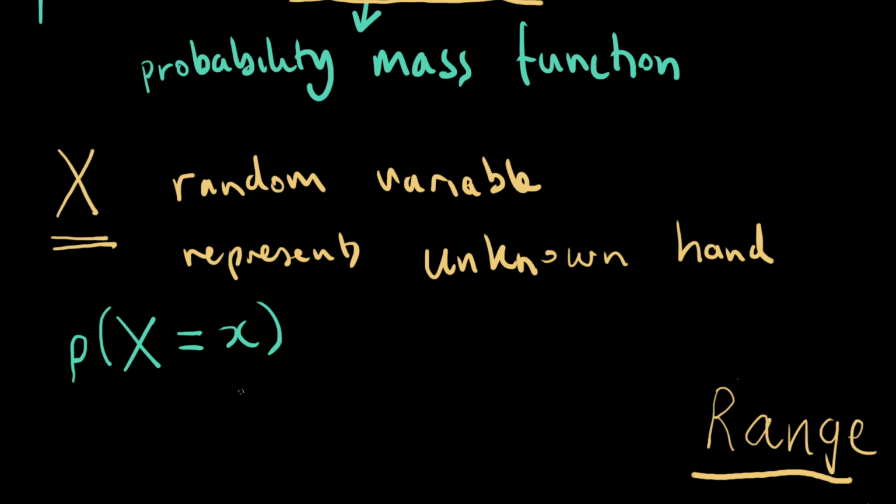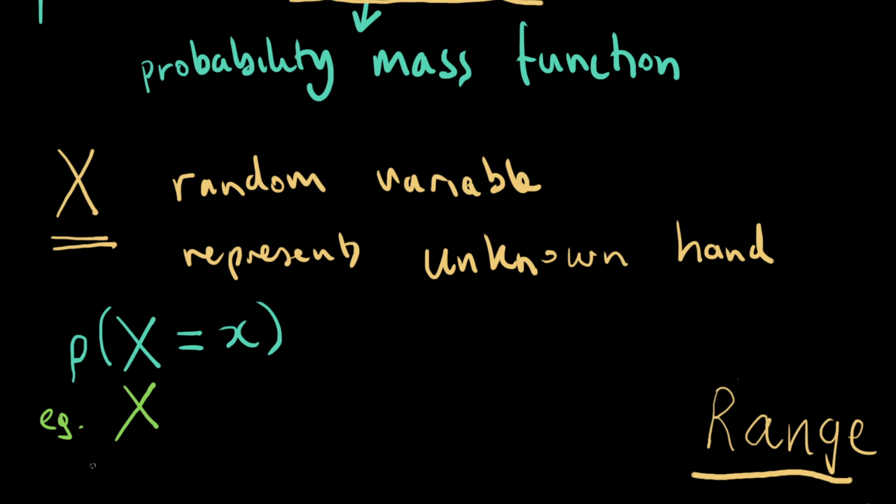So let's have a look at an example of what I mean by this. Let's say we look at the previous range with the aces and the kings. X is the random variable that represents that particular hand.